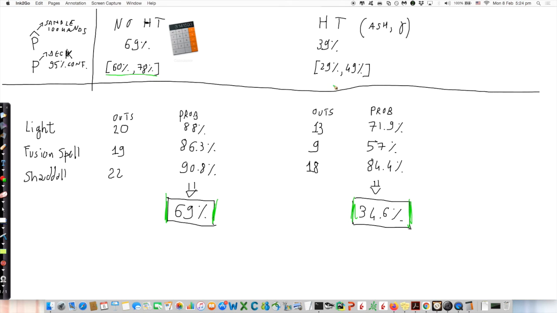And you see that we are inside. So this number makes sense, it is inside the range. If we got a value that was completely out of the range, it would have been an issue. But this is good. So you see, this is a much faster way to get a number like what we got with the 100 hands.